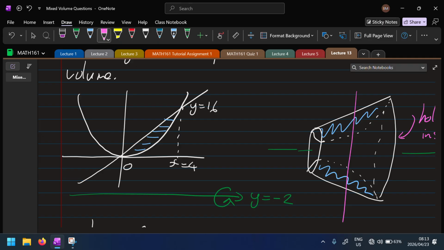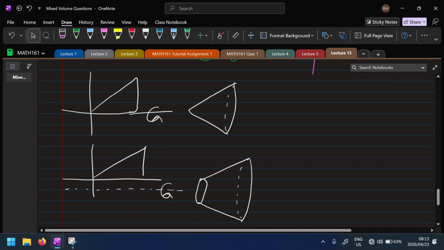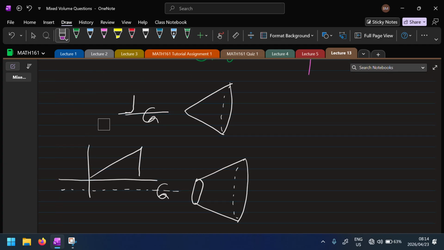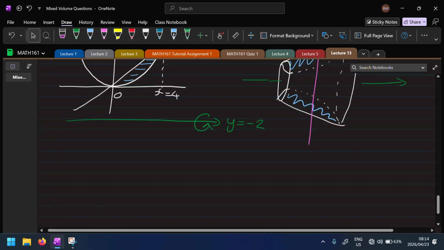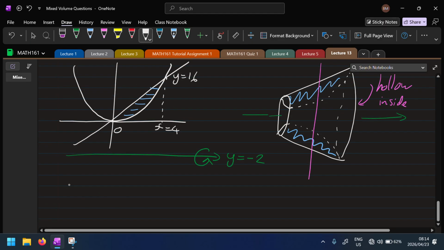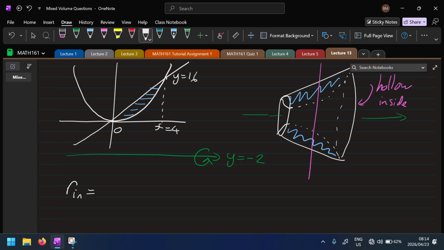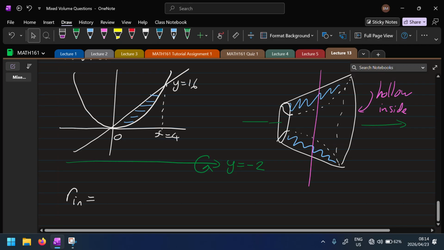So let's figure out the inside radius. That will be this bit. And the outside radius, that'll be up to here. Okay, so we need R in and R out. So R in, what will that be? That will be the distance from the axis to the parabola.